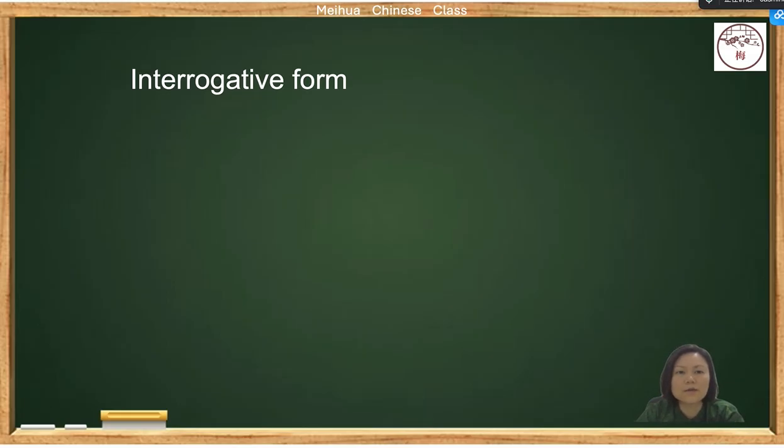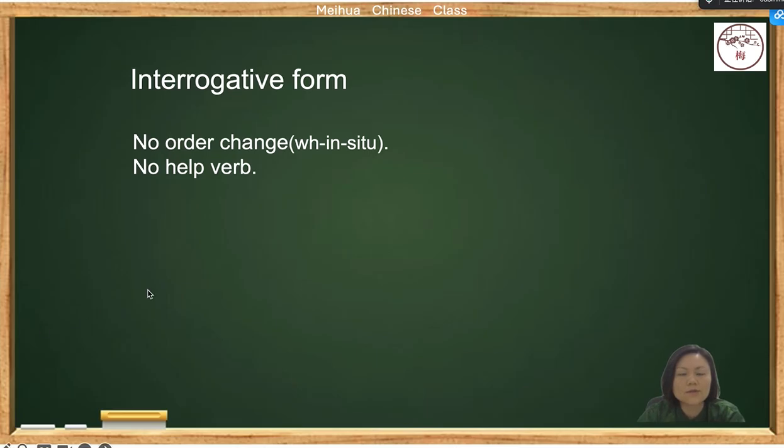So next topic is about interactive form. Okay, so this is about the question. How do we form a question in Chinese? The differences are, in Chinese, there is no order change from a declarative sentence to an interactive sentence, which is described as WH in situ, meaning the interactive pronoun stays in the same place as its counterpart in the declarative sentence.